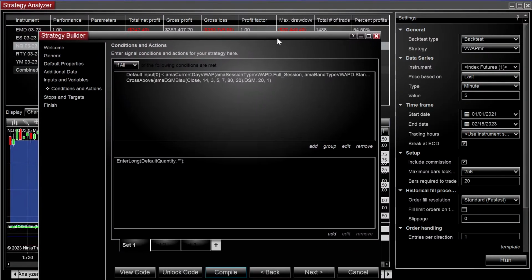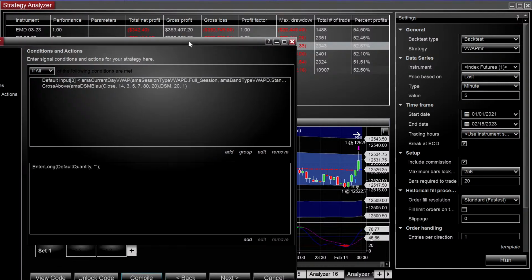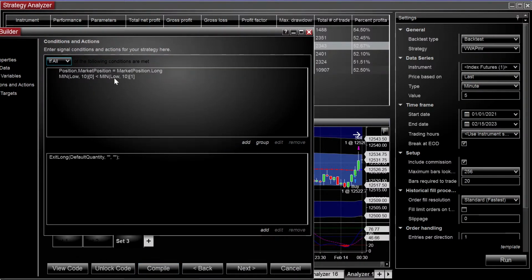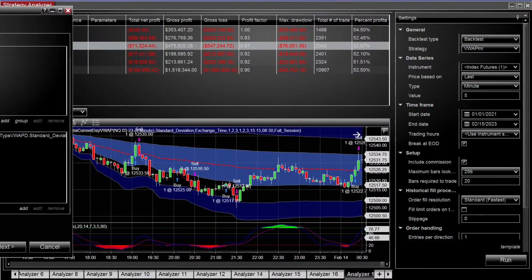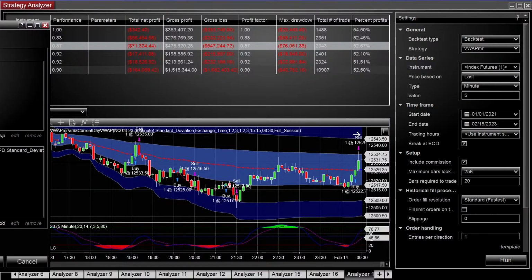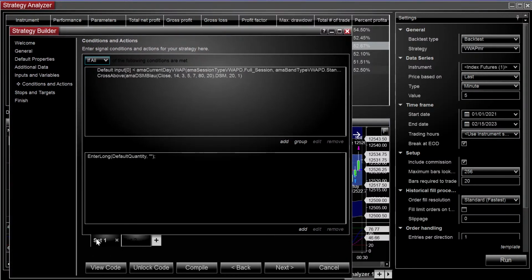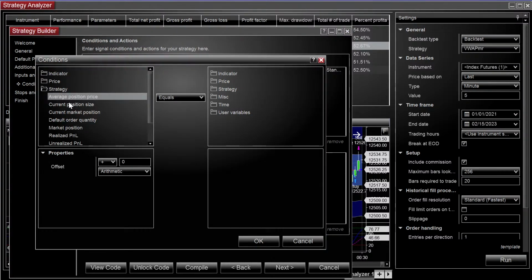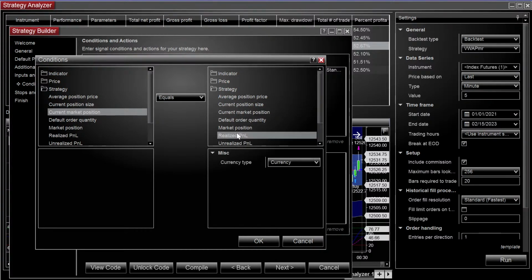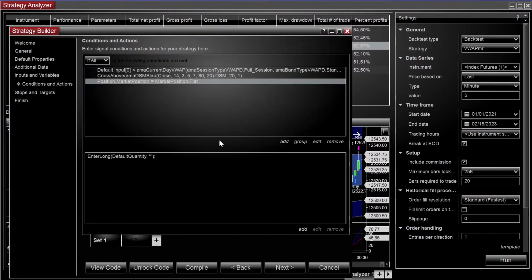So here's a weird idea. What if we take off our exit condition and consider adding? So let's do market position equals flat for that. And let's duplicate.